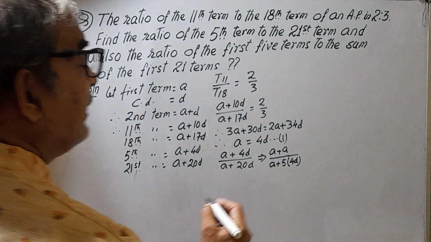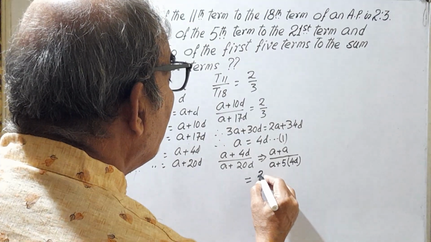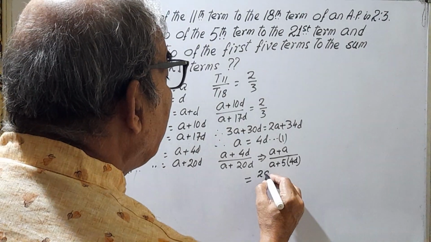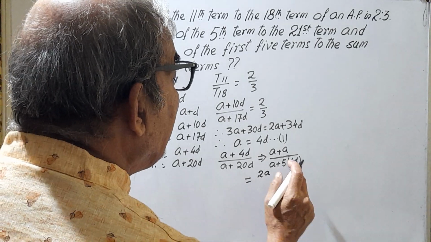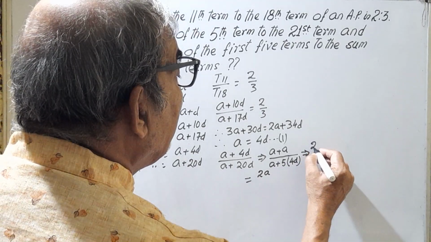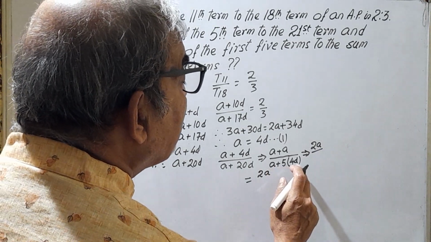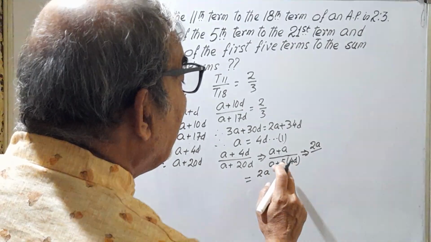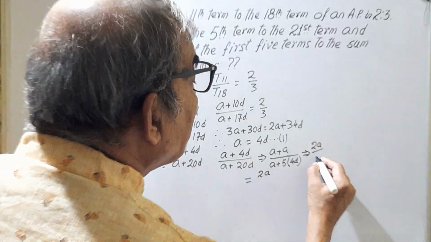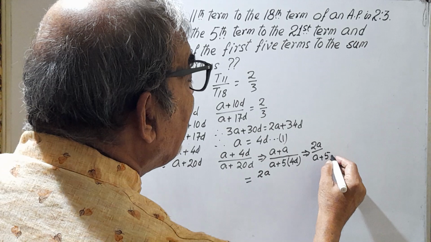Then what I will get? See, here is 2A divided by A plus 20D, that is A plus 5A. Clear?